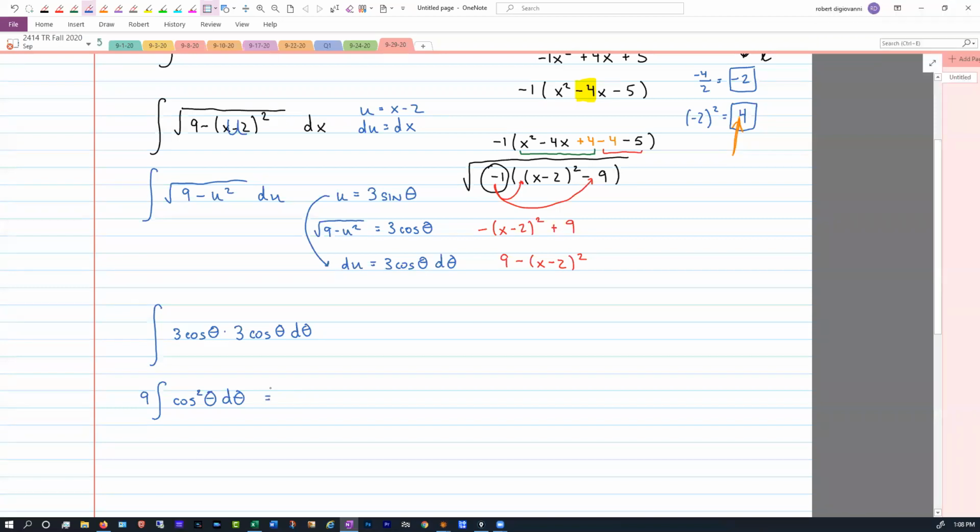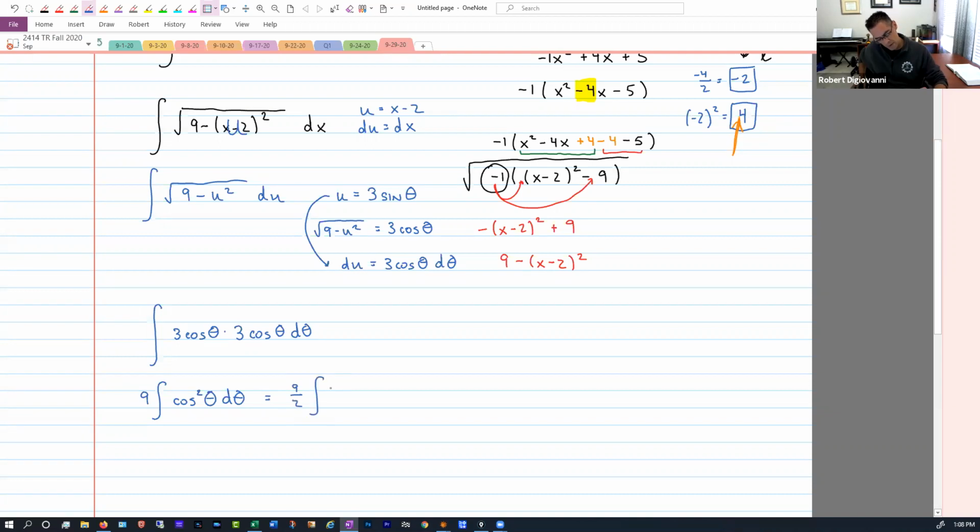Half angle. So I'm going to have a half that comes out, and then I'm going to have 1 plus cosine 2 theta. That's me applying the half angle formula to cosine squared theta, bringing the 1/2 out.